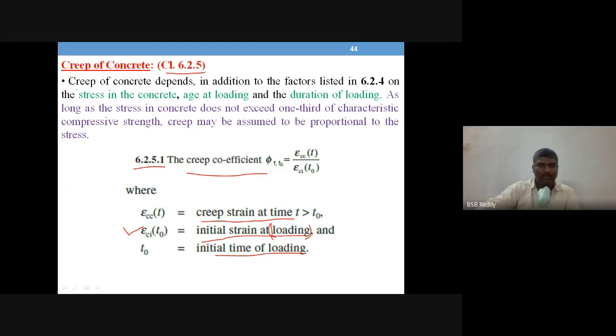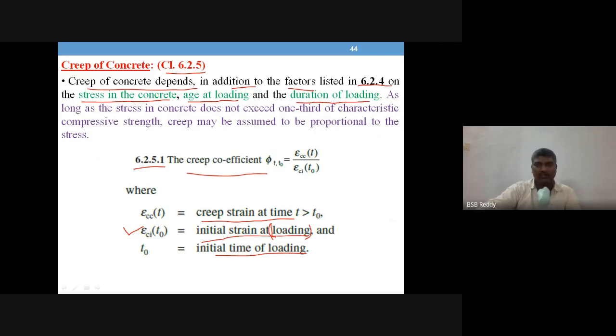What the code says is that creep of concrete depends on factors in addition to those listed in 6.2.4, which means all the factors that shrinkage depends on, because both are almost similar. One refers to the load and the other refers to the exposure to the environment. The other factors are stress in concrete, age at loading, and duration of loading.